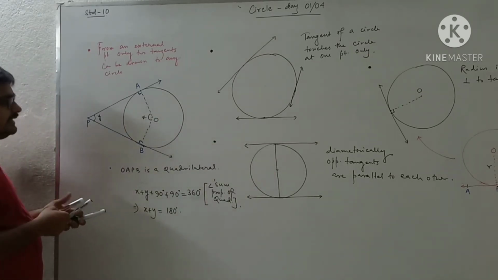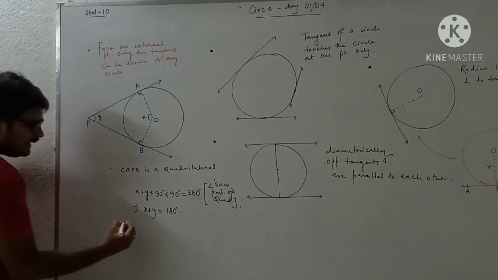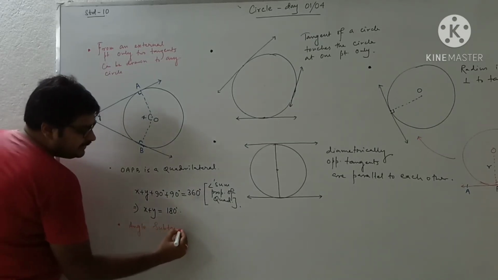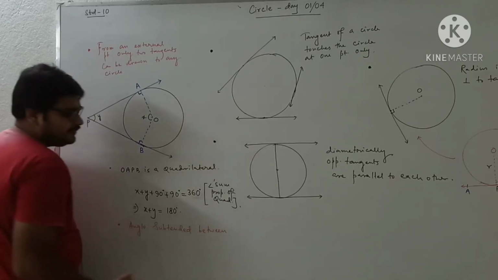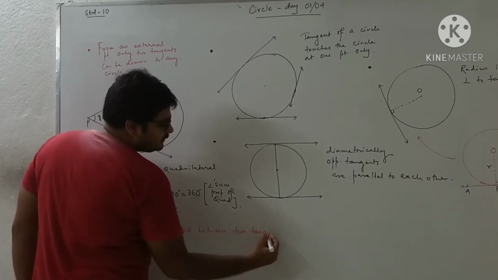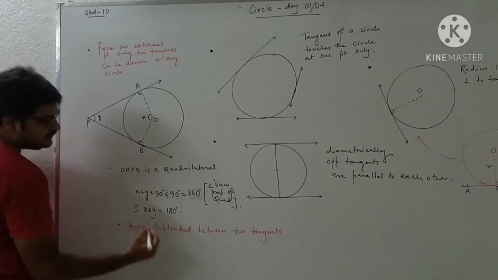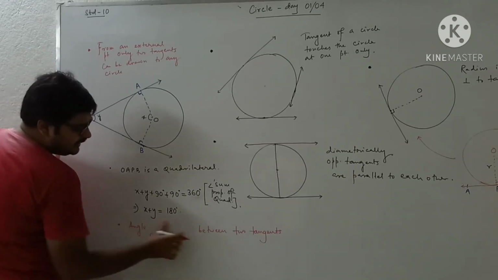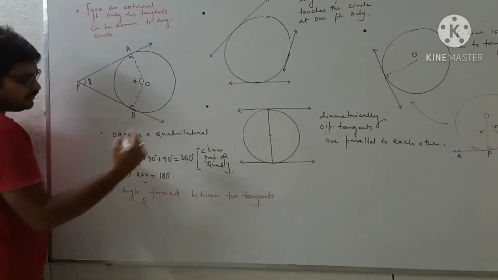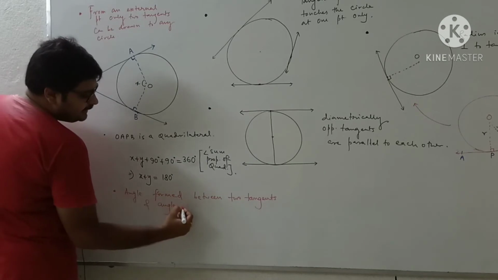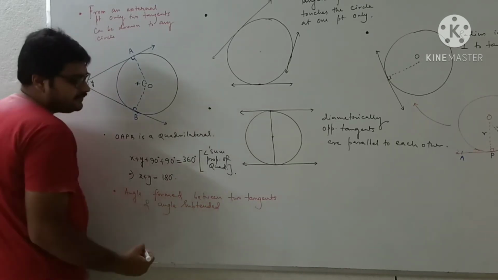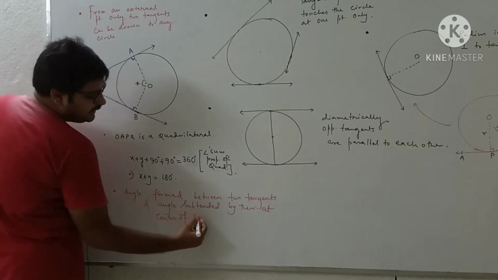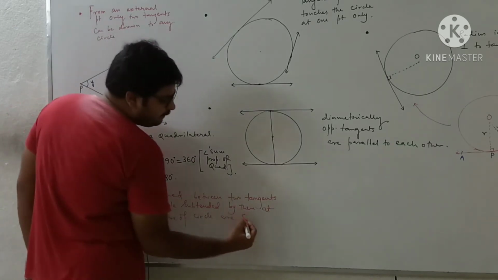So I can write this property like this: the angle formed between two tangents and the angle subtended by them at the center of the circle are supplementary.